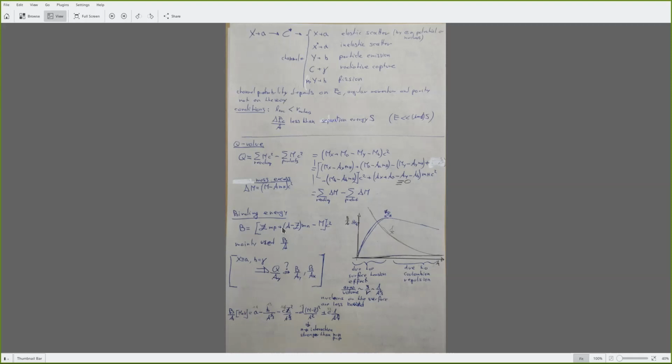If we take the number of protons, the atomic number, and the number of neutrons, which is the atomic mass less the atomic number, and we put them together, packed close enough that the strong force can bind them, there is a release of energy, and this energy is the binding energy.